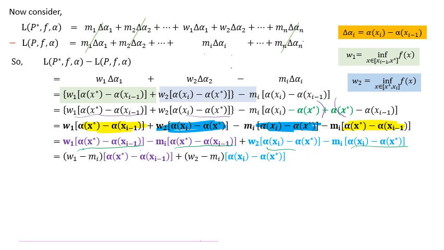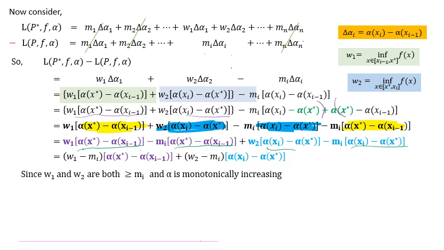All right, now at this point, we do know that W sub 1 and W sub 2 are both greater than m sub I, which means that this part here is going to be positive, and this part here, since m sub I is less than W sub 2, will be positive.